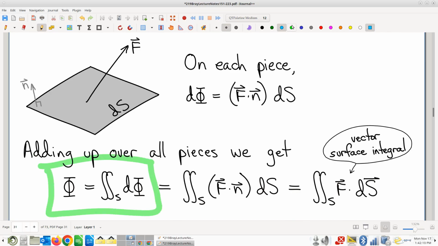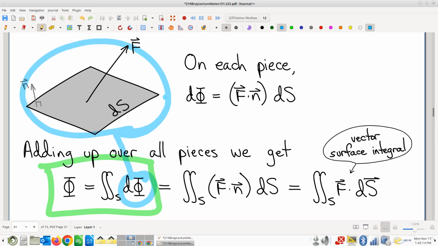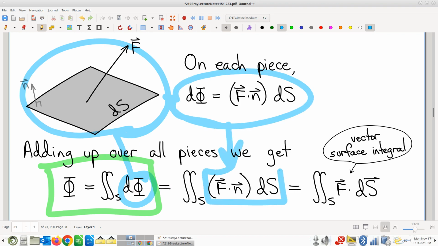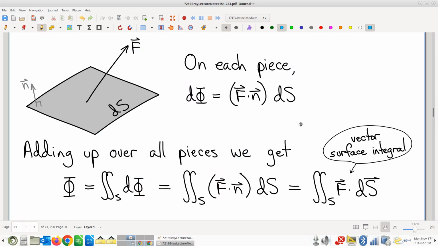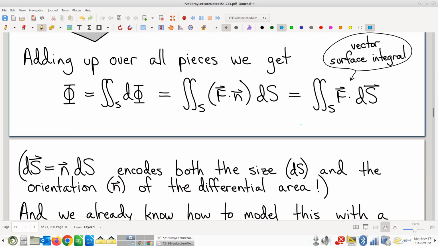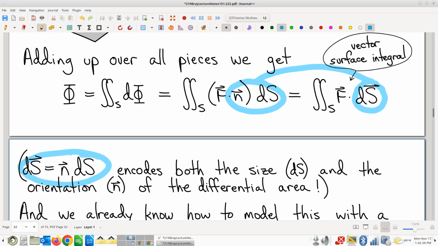And on each piece, we have a basically flat surface with a basically constant vector field, and therefore use the old formula. And then the last thing we did is we talked about rewriting dS as dS vector, like so.